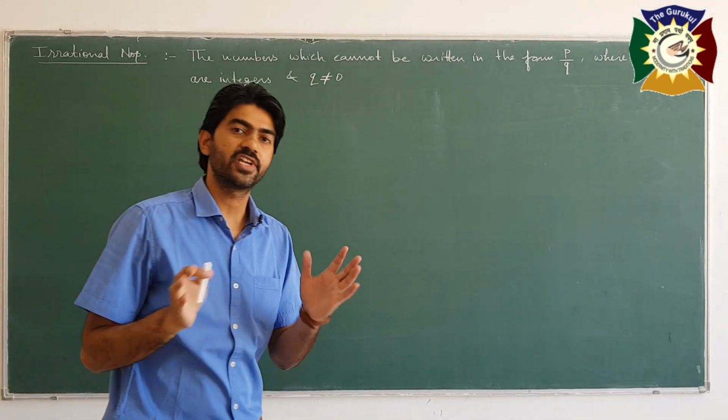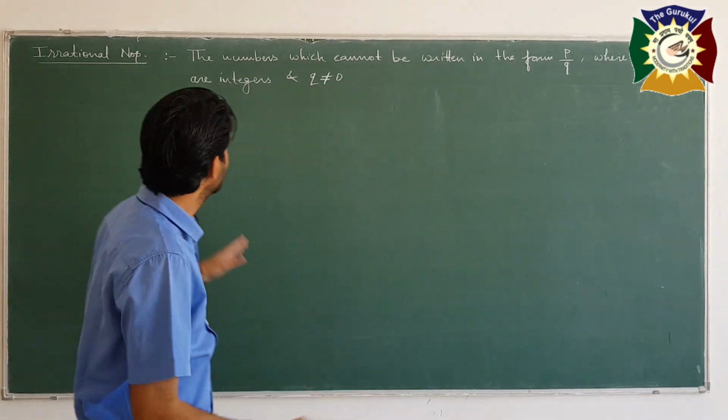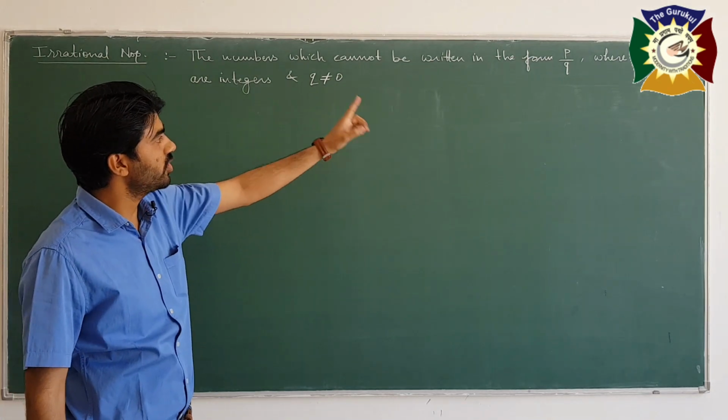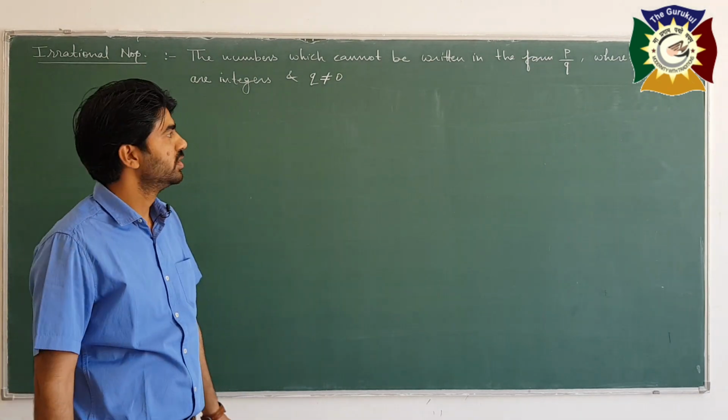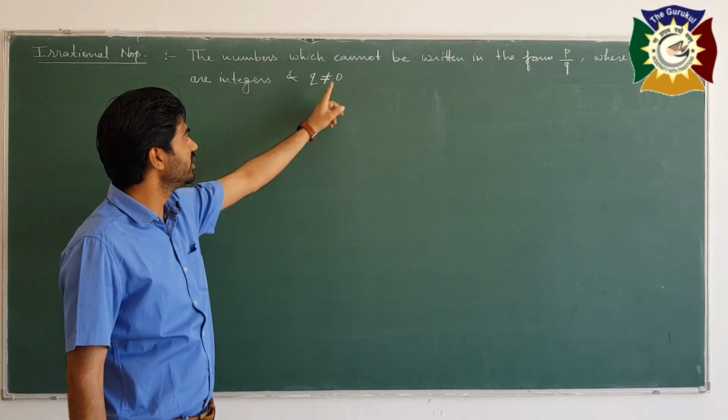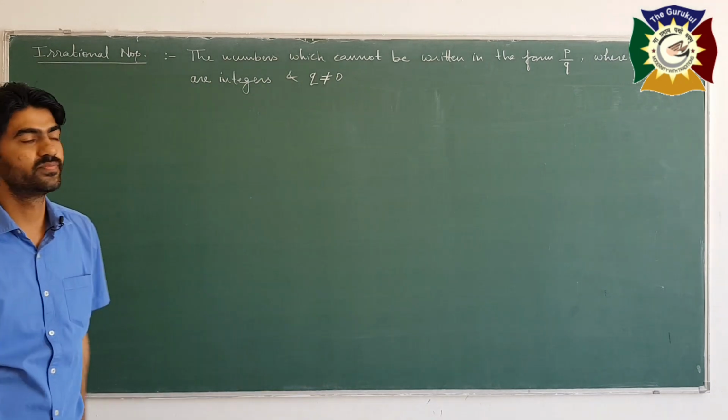Just opposite of rational numbers. Irrational numbers are the numbers which cannot be written in the form P by Q, where P and Q both are integers and Q is not equal to 0.